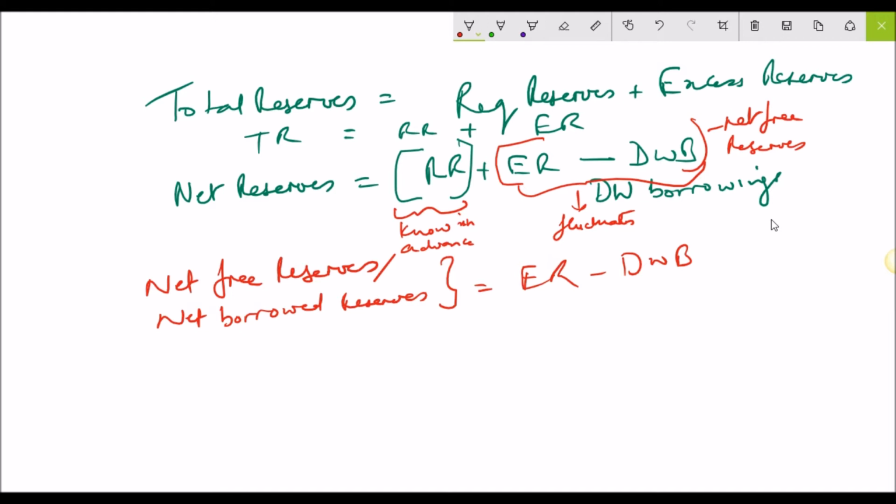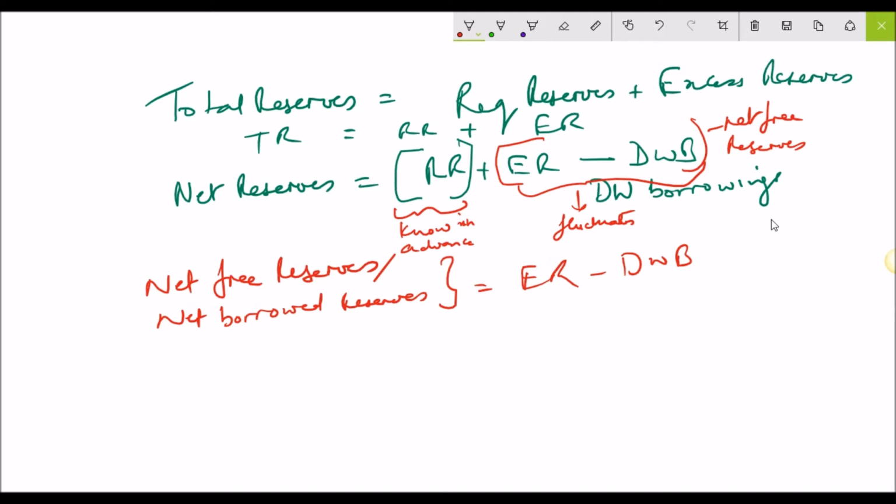If the reserve requirement is 10%, then the bank would maintain 10% of $100 million in required reserves. If the economy consists of 1,000 banks or eligible institutions, the required reserves would be known by all the banks in advance at $10 billion.